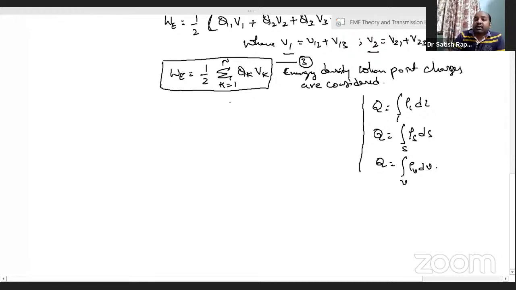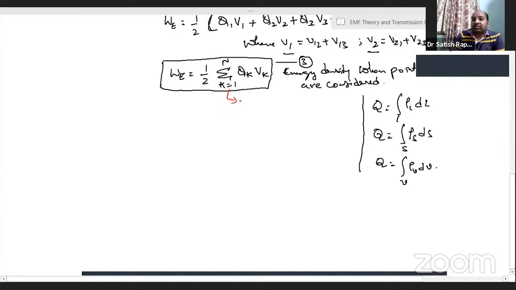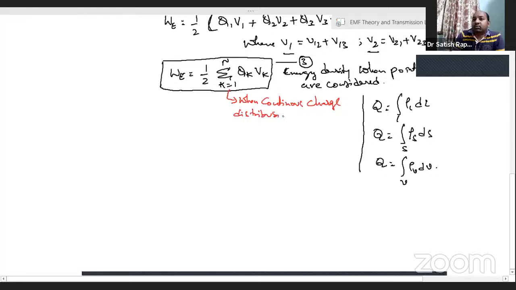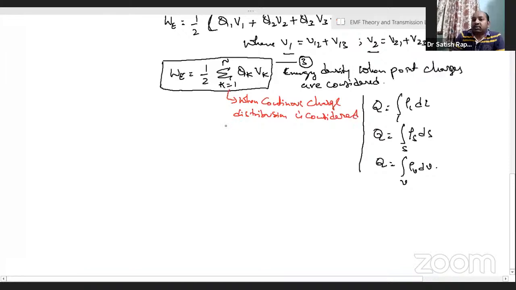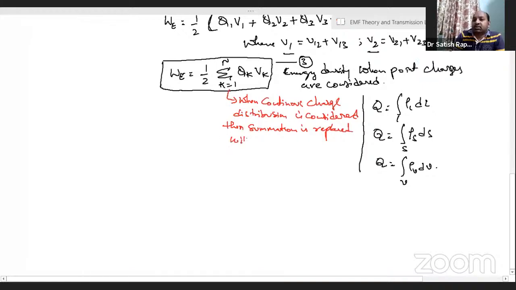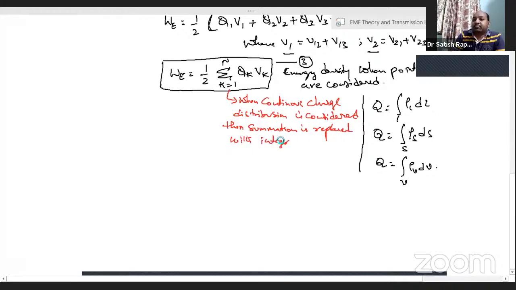So when continuous charge distribution is considered, the summation is replaced with integral, right?